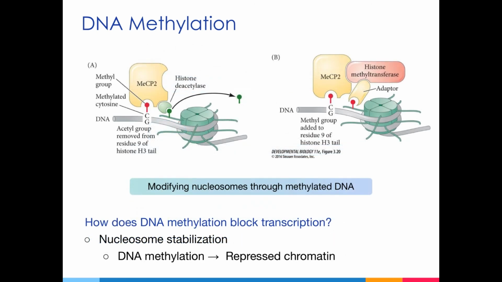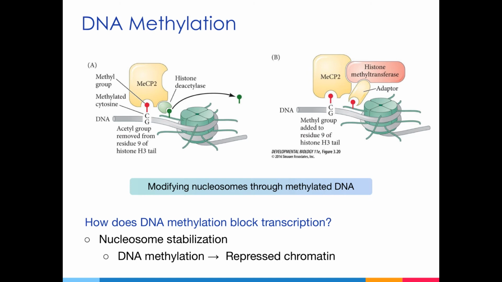Another way DNA methylation acts to repress transcription is by helping to recruit histone modifying enzymes. More specifically, the modifications on the DNA, as you can see here, will lead to the recruitment of histone methyltransferases and histone deacetylases. So this is going to have the effect of making the chromatin more heterochromatic.